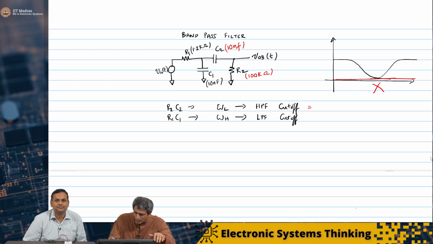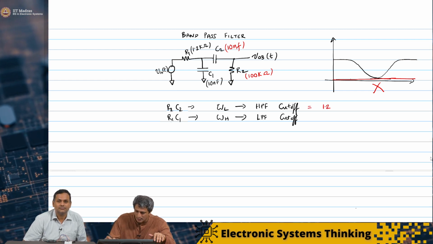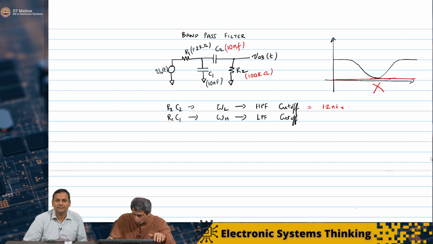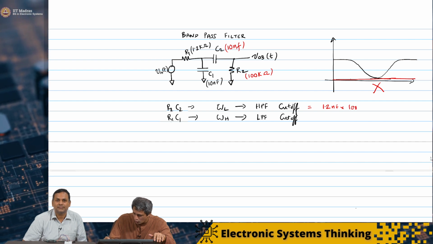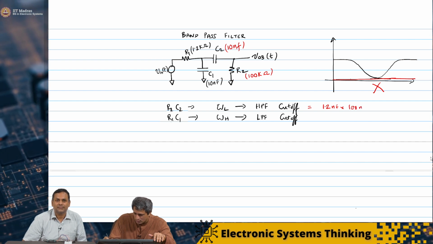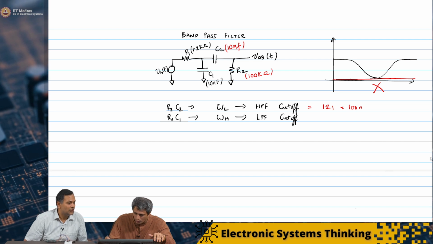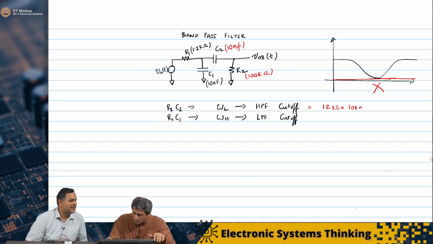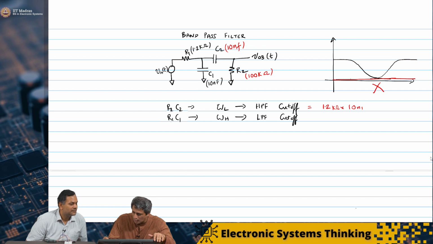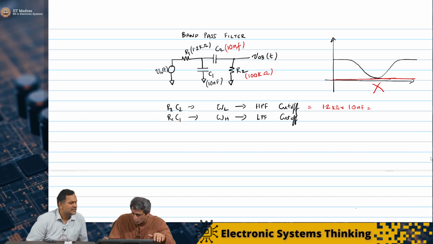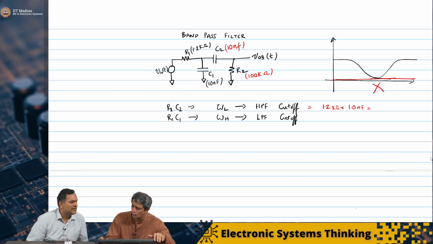R1 times C1 is 1.2 kilo ohms times 10 nanofarads, which is about 12 microseconds.